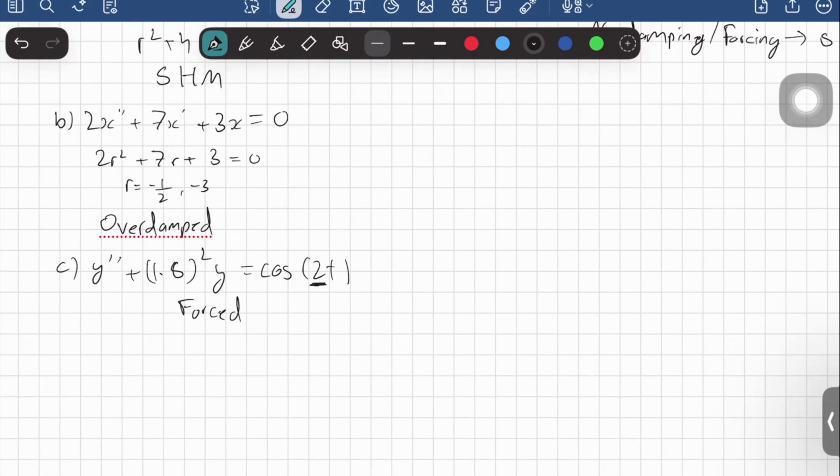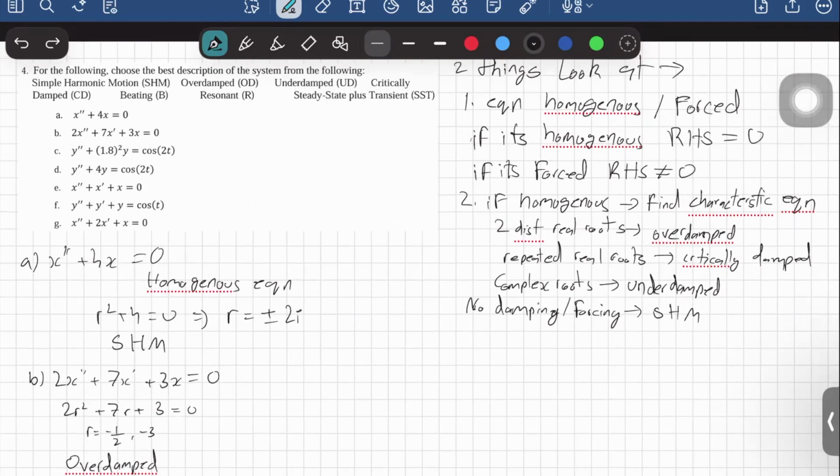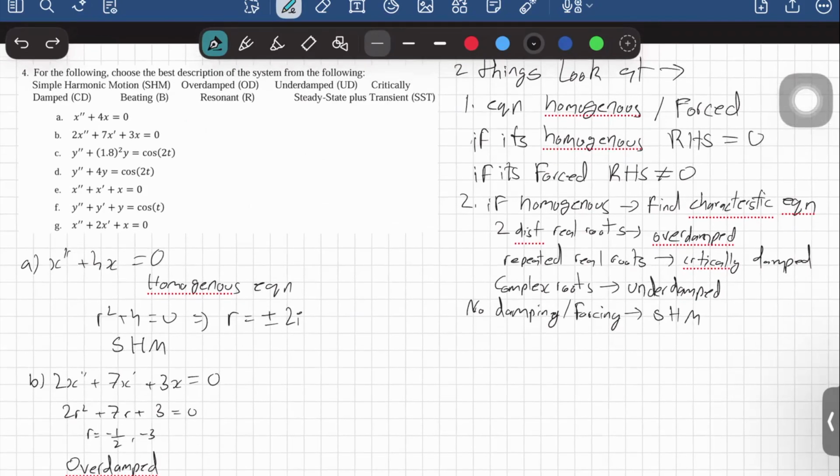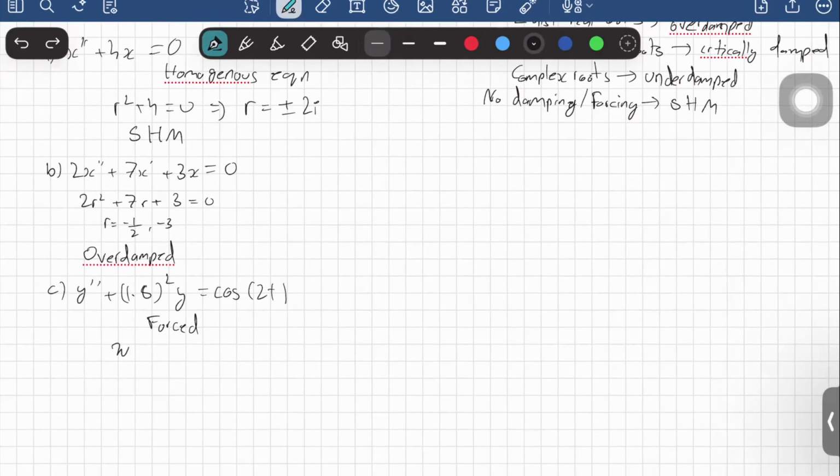Sorry, I was looking at the wrong question. So our omega naught is equal to 1.8, and this is our natural frequency.